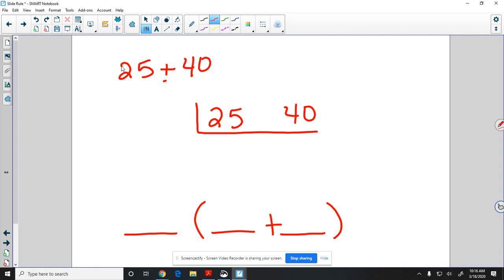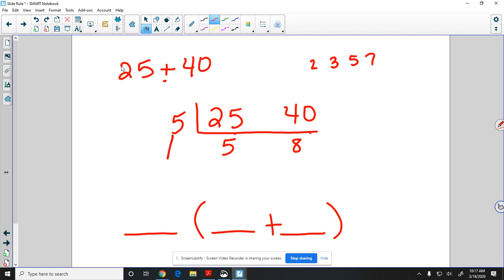Alright, so what can come out of 25 and 40? We think there's 5 and 0 in the ones place, so 5 can come out. 25 divided by 5 is 5. 40 divided by 5 is 8. If we have 2, 3, 5, and 7, will 2 come out of 5 and 8? No, it will come out of 8, but not 5. 3, no. 5, no. 7, no. So this is as far as we can go.